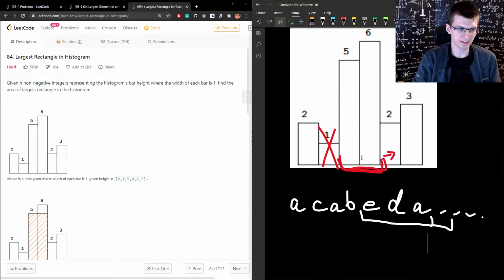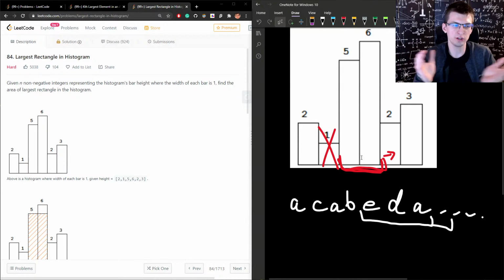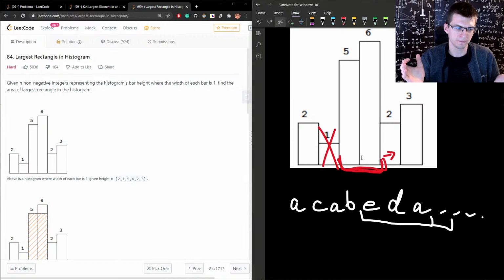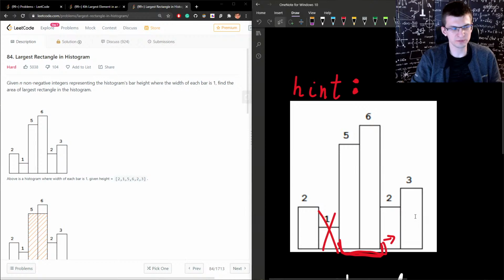Pointer at start and another at end. Okay, but which one will you move? Just looking at height of the first column and last column, they will not tell you where you should go. Depending on other values inside, between them, maybe the first column is good, even though it's shorter.